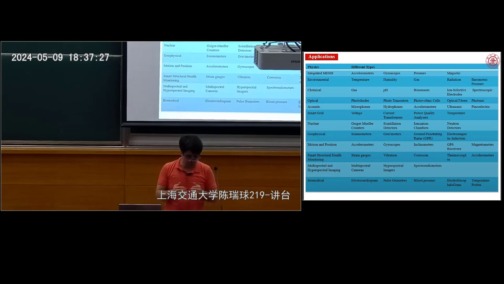This is similar to the last table, talking about acoustical, especially sensors like microphones or acoustic emissions, accelerometers, and material properties like strain gauges.